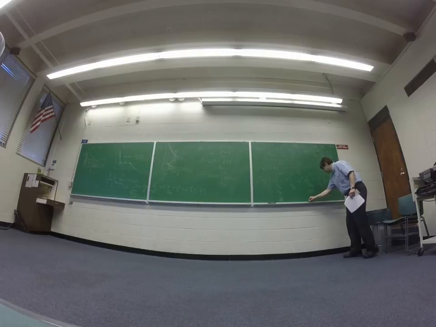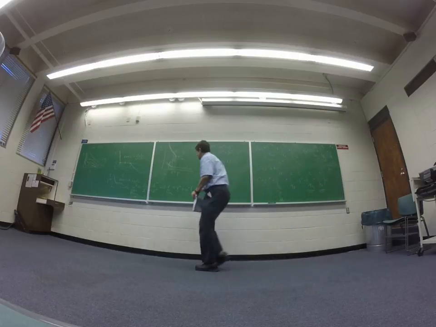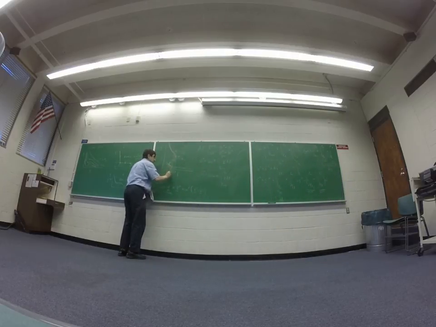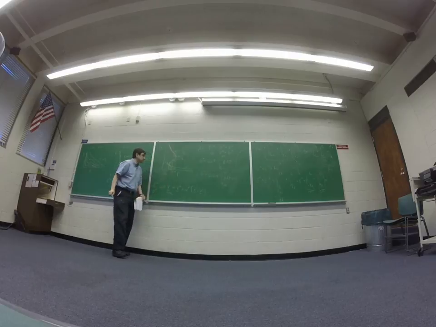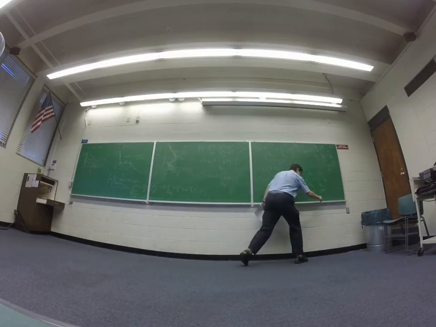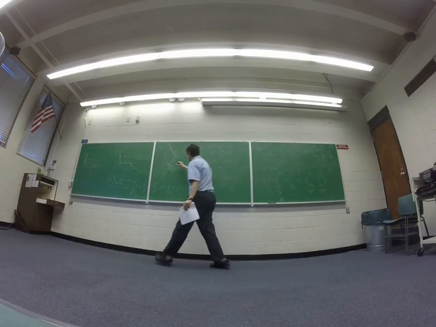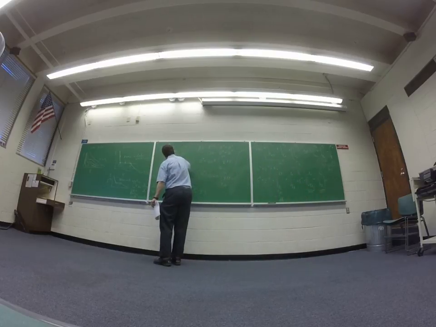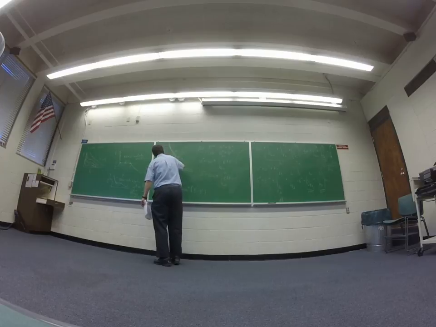So, what is green minus yellow? Go back here. Green is the whole thing. Yellow is this thing. What's the difference between green and yellow? It's going to be this area right here.